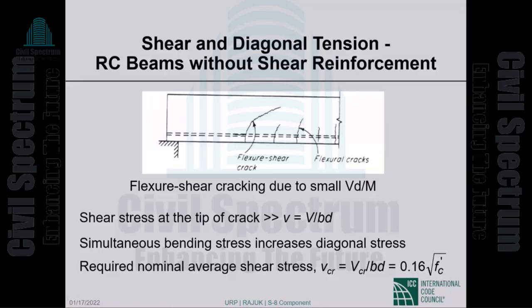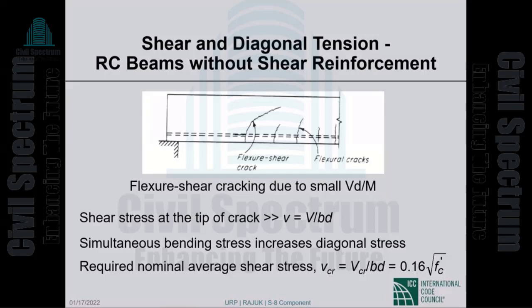Anyhow, the shear stress at the tip of a flexure shear crack can be quite high because of the crack. So the shear stress at the tip of the crack can be much larger than the shear that we would have had there in the absence of the crack.